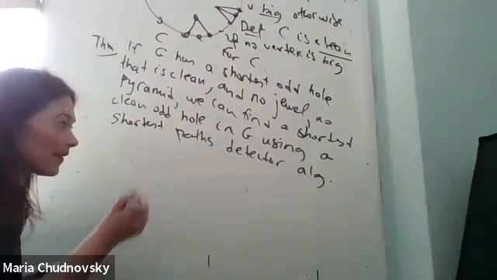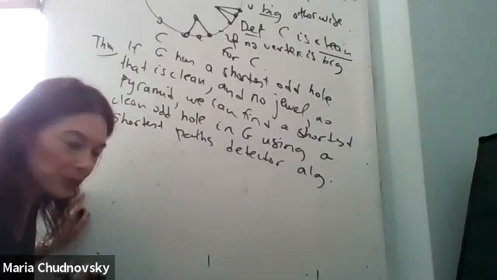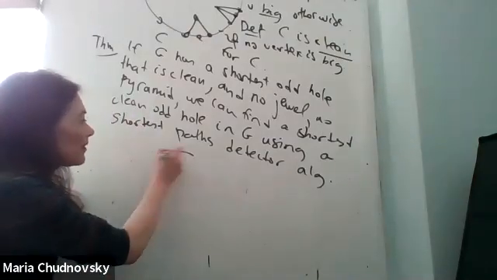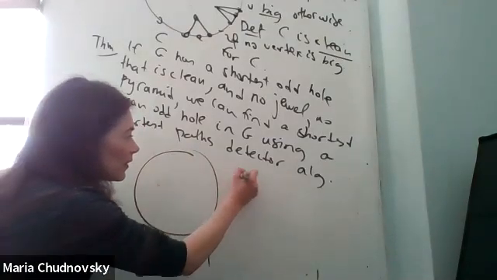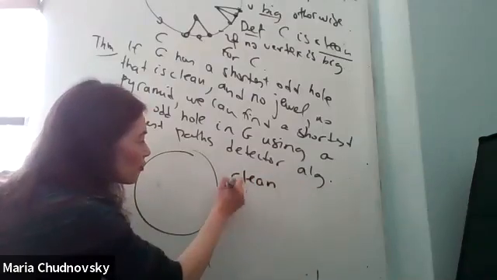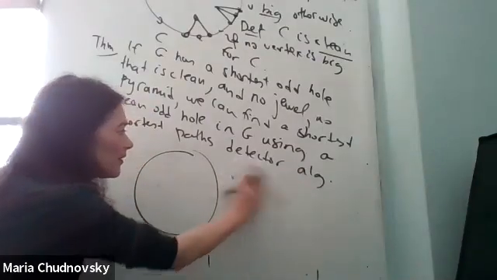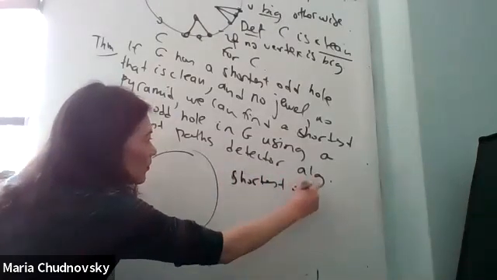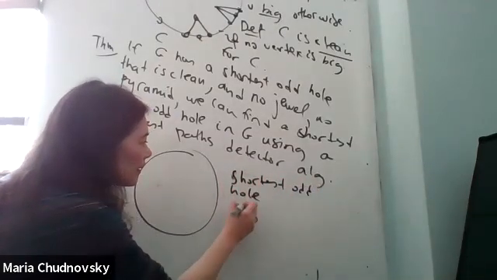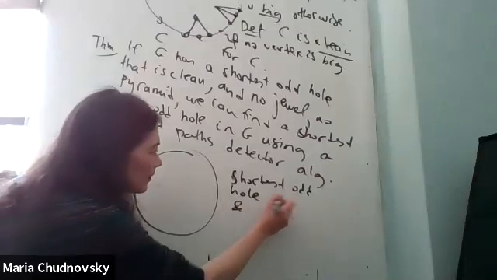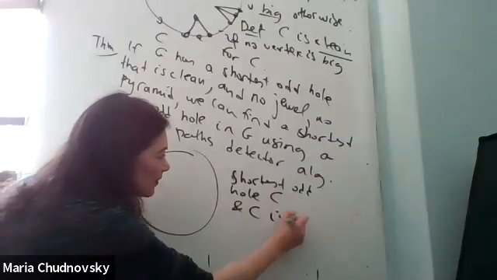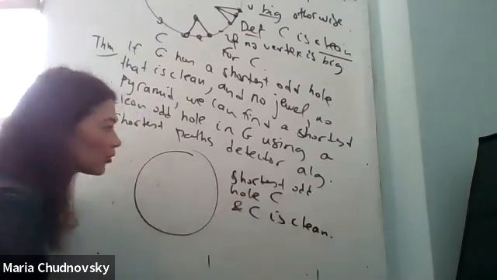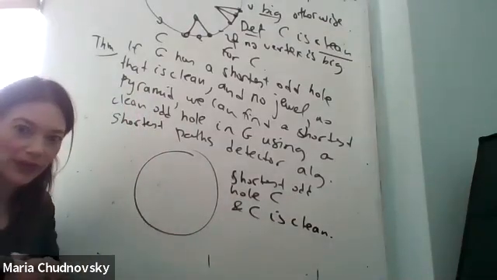I'll draw a picture here and then I'll write it on top because we'll need that too. If you have a hole that is a clean, shortest odd hole, and C is clean, that's why I got lucky, the shortest odd hole in the world is also clean.